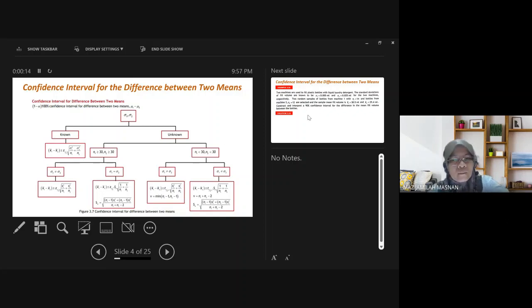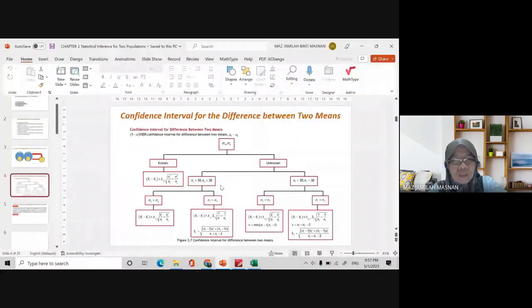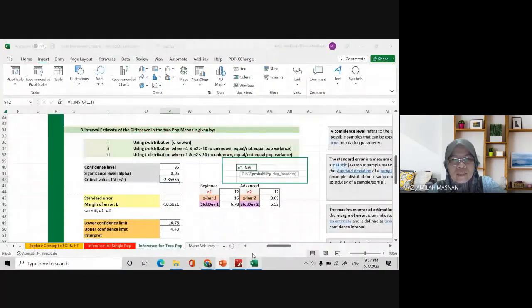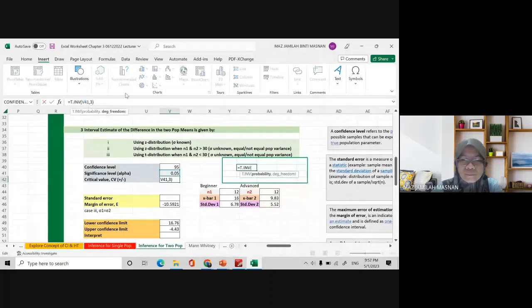This one is for not equal. This one is for equal. So go back to your Excel. So we know then it should be what? This one plus this one minus 2. Let's say I put it minus 2.